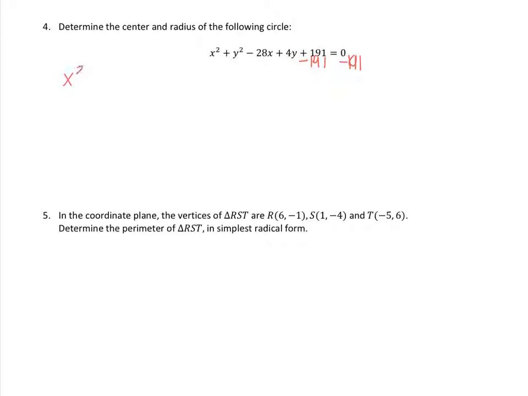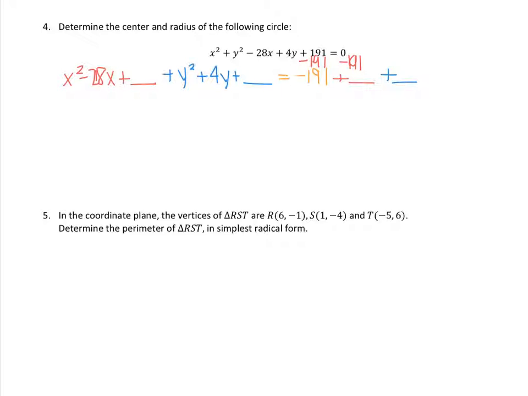So we have x squared minus 28x plus blank. Then plus y squared plus 4y plus blank equals negative 191 plus blank for the x's plus blank for the y's.